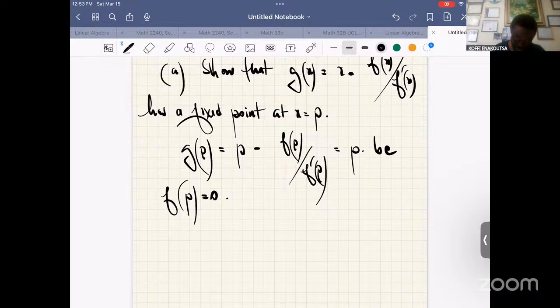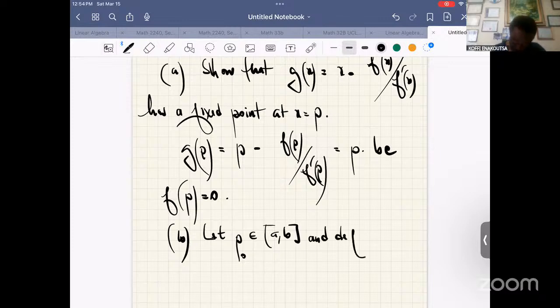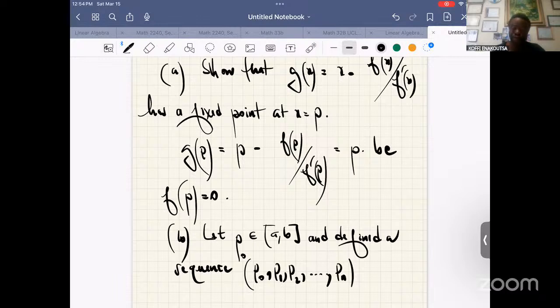Then the next question is this: b. If we write p naught within the set AB and define a sequence P0, P1, P2, Pn by the fixed point iteration.